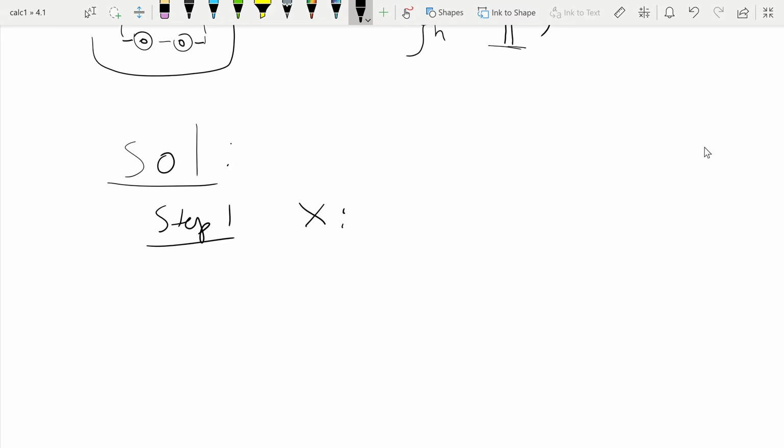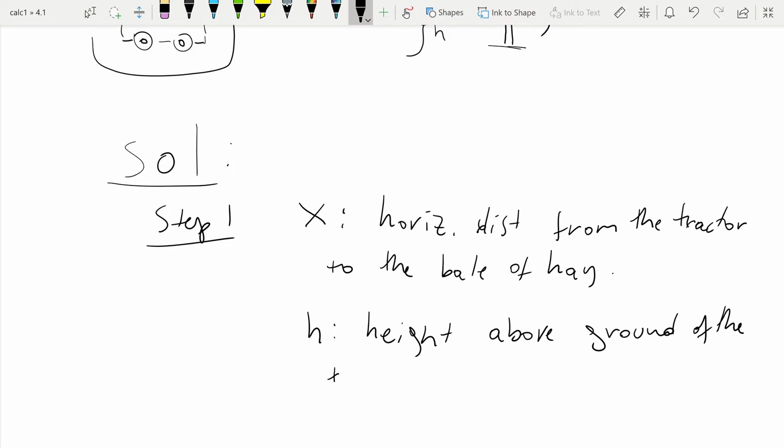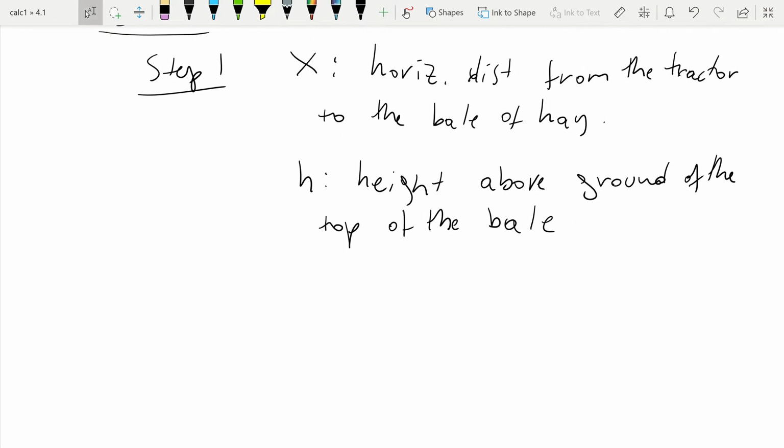Here we're talking about x, which is the horizontal distance from the tractor to the bale of hay. h is the height above ground of the top of the bale. Okay, so these are the two relevant quantities here.